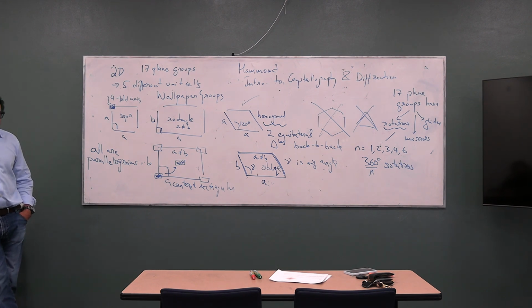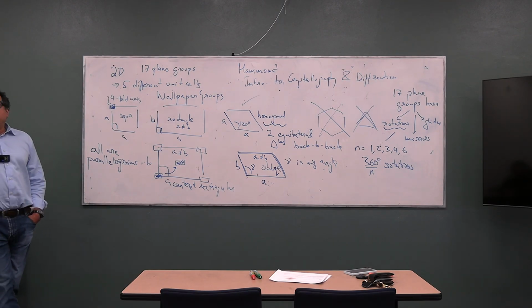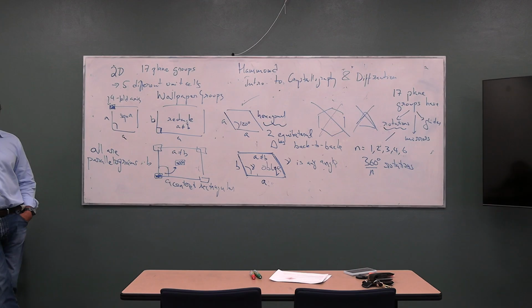So, in around 84 or 86, there was this paper that came out of a combination of authors from Israel and some authors from NIST in Maryland, Shechtman, Blech, Gratias, and Cahn, and they reported that they had seen in an electron microscope 5-fold diffraction patterns.